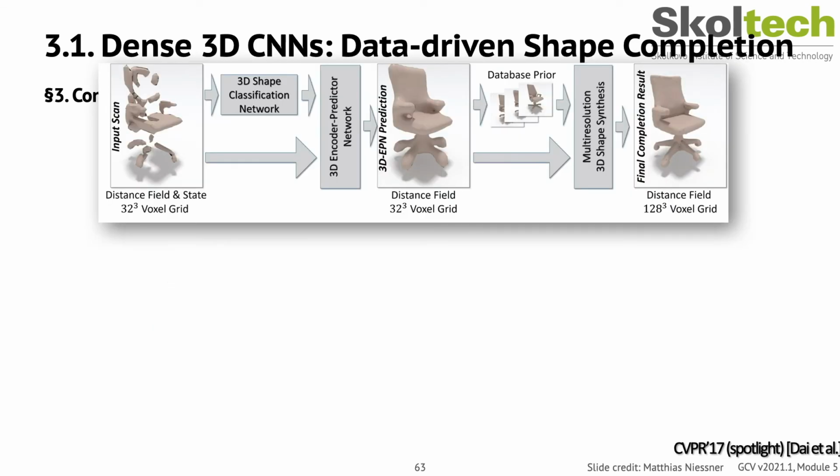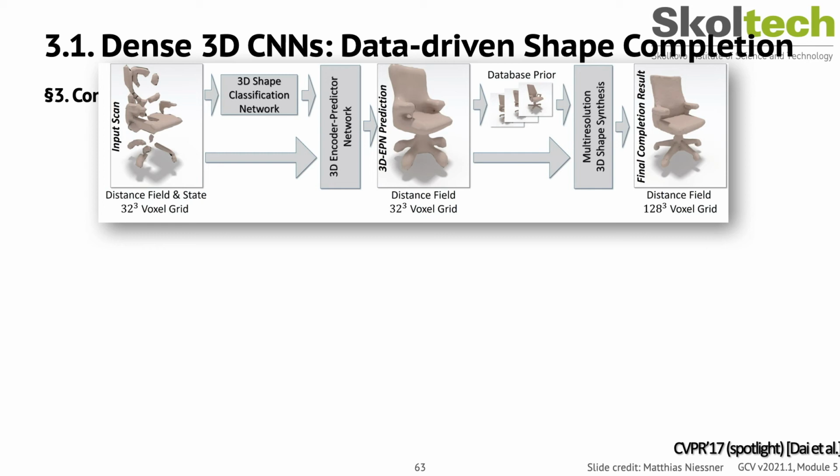And so actually the way it works is we construct a 3D CNN that accepts a distance field packed into a 32 cubed voxel grid, and it actually predicts a more complete 3D representation, 3D TSDF values, by passing it through a 3D shape classification and further an encoder-decoder network.